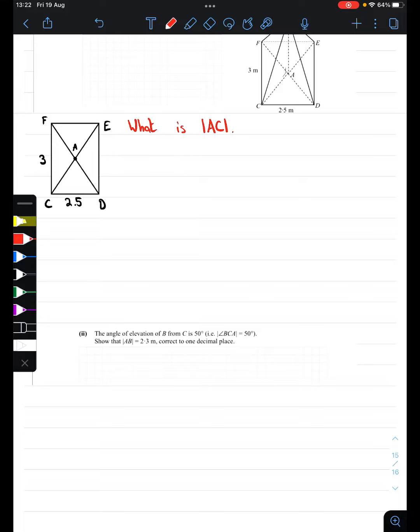Okay, well, what do we know about A? Well, we know that A is halfway along the line CE, because it's in the middle, so it's halfway along the diagonal.